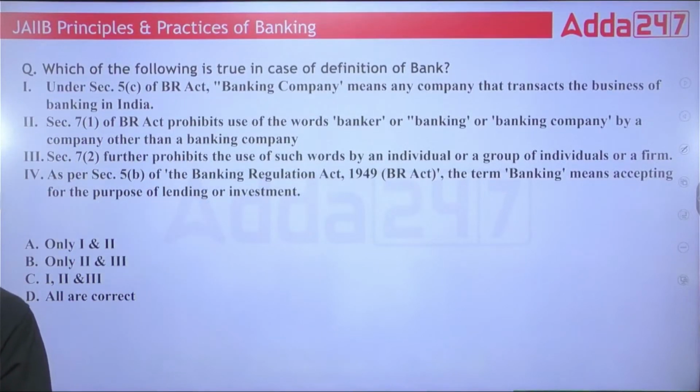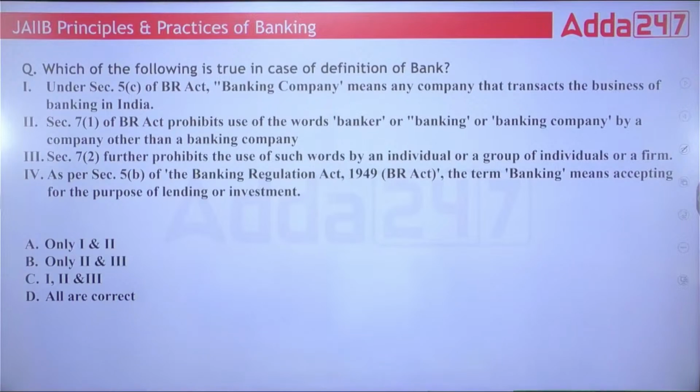So this question is based on what we have learned about the definition of bank. Which of the following is true in case of definition of bank under Section 5C of the BR Act? Banking company means any company that transacts the business of banking in India. Section 7(1) of the BR Act prohibits the use of the word banker or banking company by a company other than a banking company. Section 7(2) further prohibits the use of such words by an individual or a group of individuals or a firm.